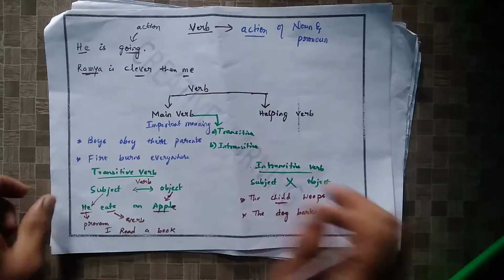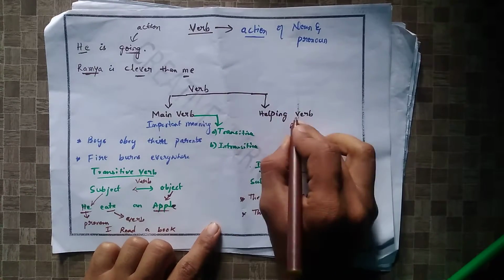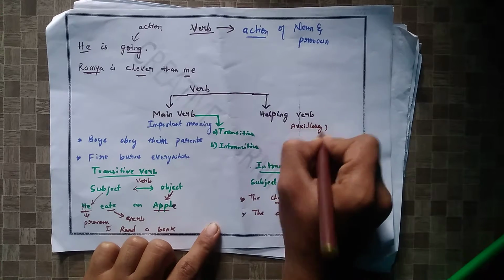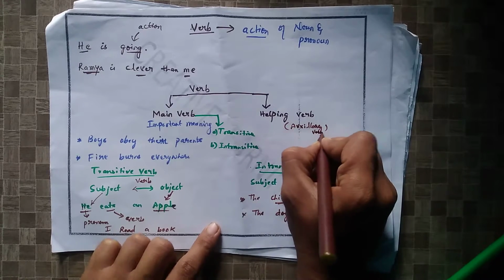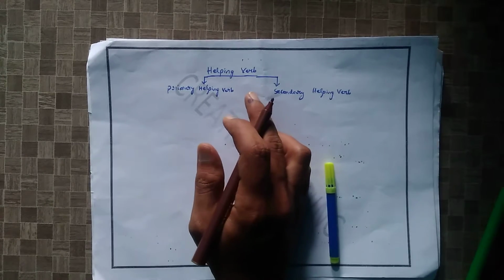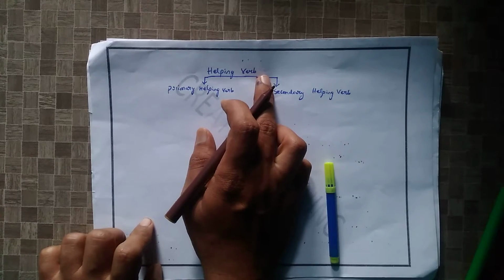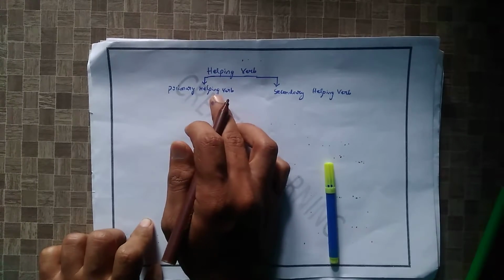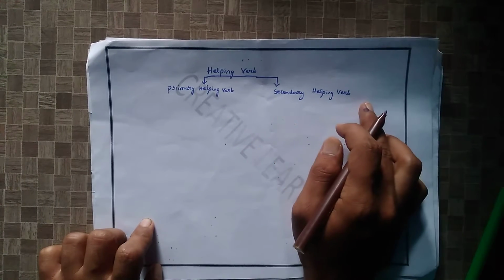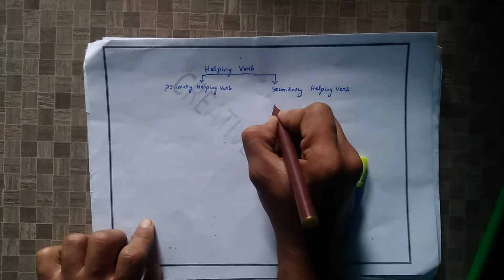Next, helping verb means auxiliary. It is also known as auxiliary verb. Next, we discuss about types of auxiliary verb. There are two types of helping verb or auxiliary verb. One is primary helping verb or primary auxiliary verb. Next is secondary helping verb or modal auxiliary verb.